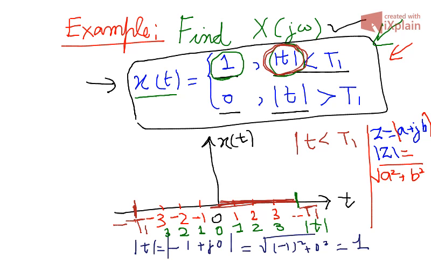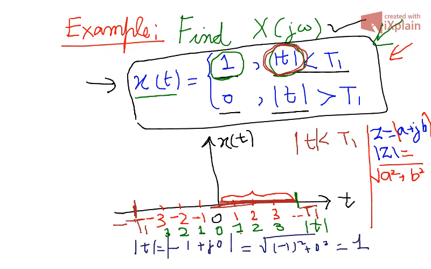So if we find the absolute value, for 1 the absolute value is 1, for 2 it is 2, and similarly for all others. It means all the absolute values which fall over here are less than t1.